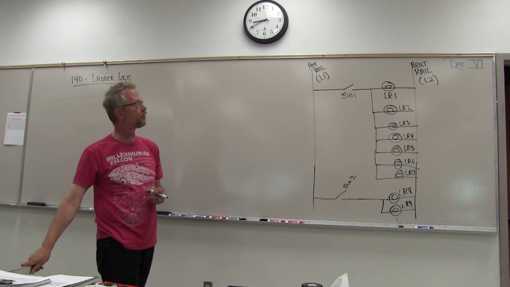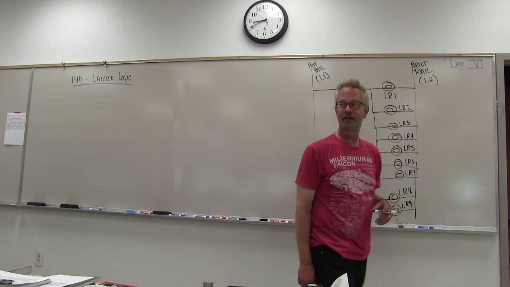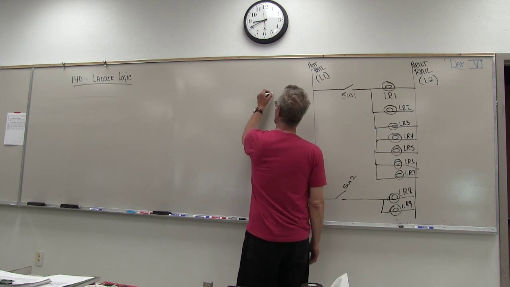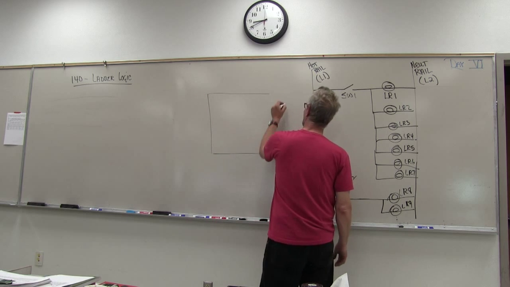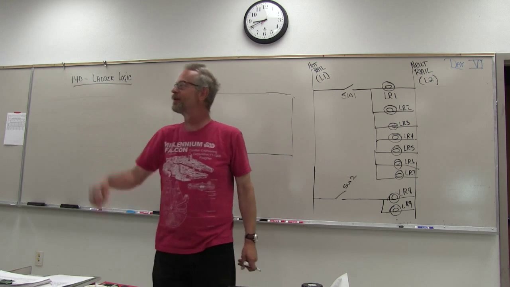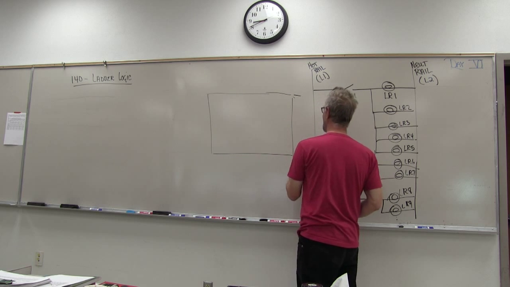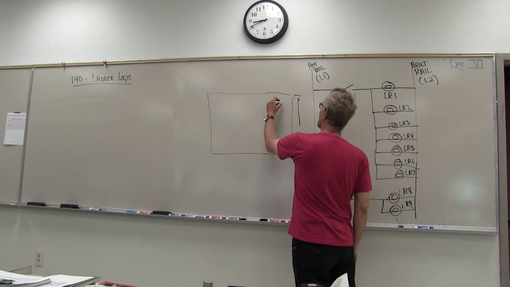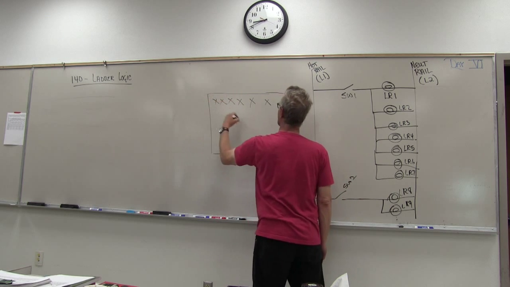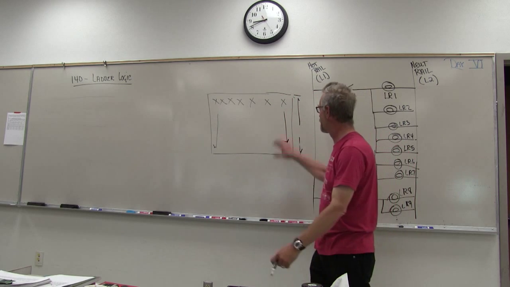However, there's one thing, Dawn, that I want to make sure that you understand. This is not the whole picture. This does not tell you where the lights are. Where the lights are will be in your 104 class and will be based on what those guys do over there. If you look at what those guys do over there, they do layouts where they'll have this room laid out with dimensions and everything, and they'll have the lights listed or shown in the room. 7 times 5, 35 lights.